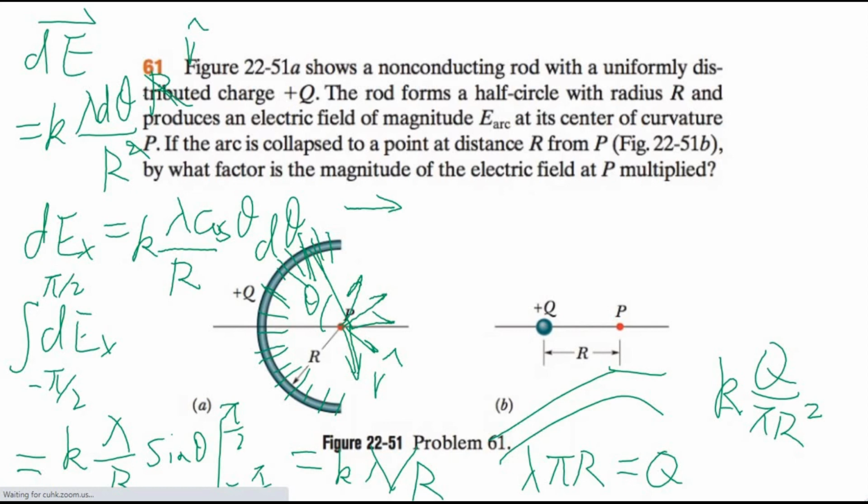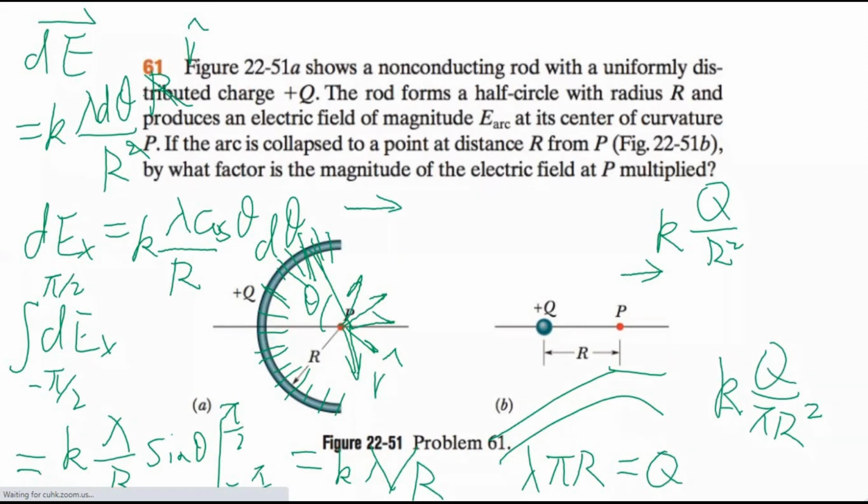Okay. Then if you compare with the electric field here, which can be directly calculated from the point charge, that would be K Q over R square. So you can check with this ratio. There is some problem here.